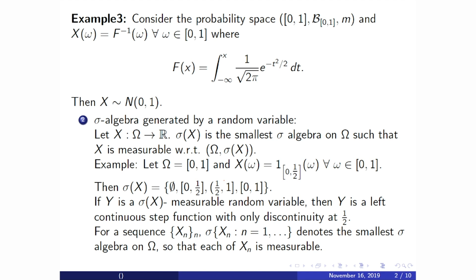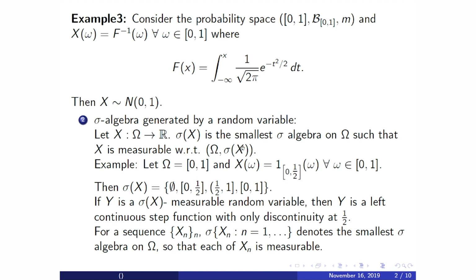The map is X, from omega to R, and then sigma X is the smallest sigma algebra on omega such that X is measurable with respect to the measurable space (omega, sigma X).